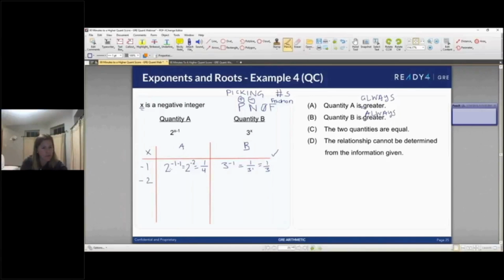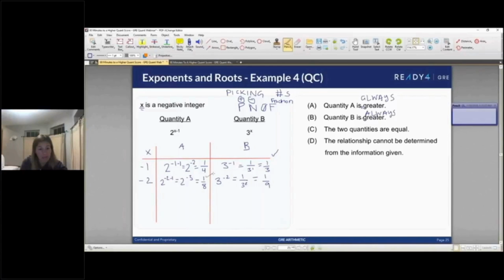Okay, -2. All right, if we do -2 up here, we get 2 raised to the -2 minus 1. That's equal to 2 to the -3. That's equal to 1/8, 1 over 2 to the 3. Similarly, 3 raised to the -2 is equal to 1 over 3 squared, which is equal to 1/9. Which one's bigger in this case?